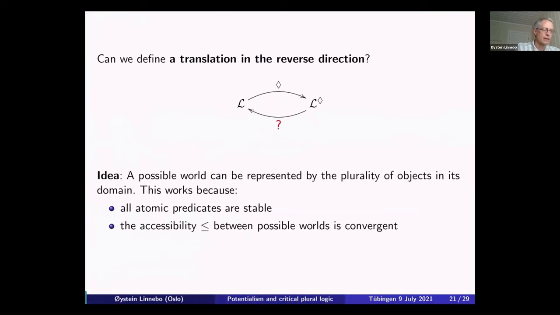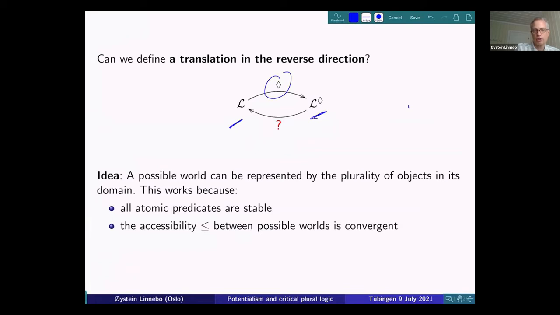And in fact, you can take this even further and define a kind of reverse translation. So we have the first translation, the potentialist translation. It would be nice to be able to translate in the reverse direction. That's far less obvious, since the modal language has extra expressive resources not present in the non-modal language, or so it would seem.